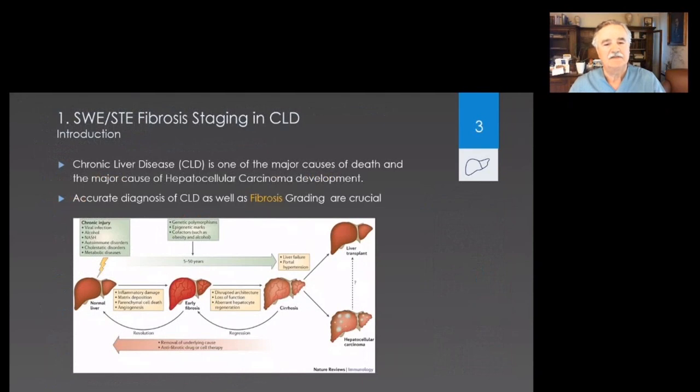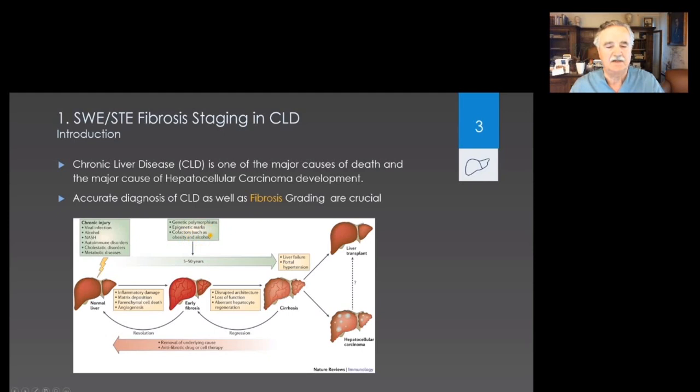Chronic liver disease is one of the major causes of death. Accurate diagnosis of chronic liver disease as well as fibrosis grading are crucial. Many types of chronic injury acting on the liver cause this long history of genetic and epigenetic factors.